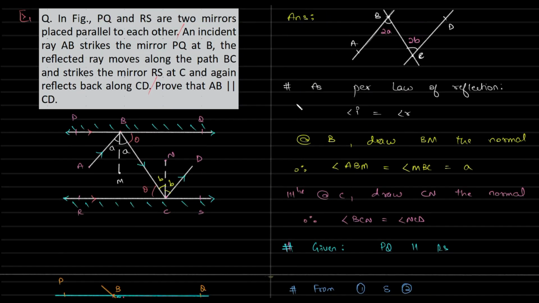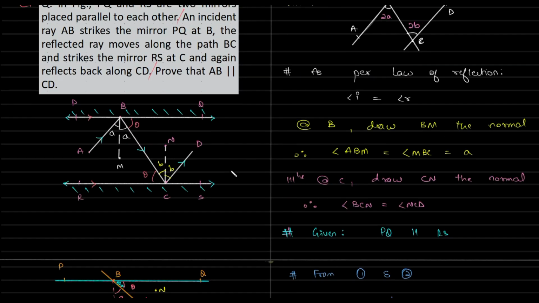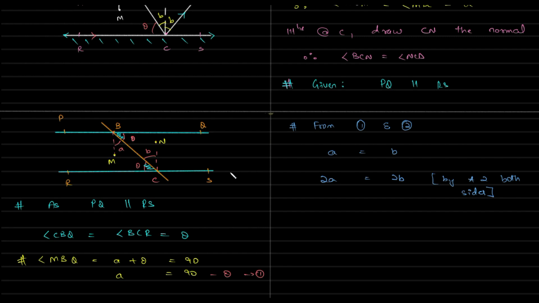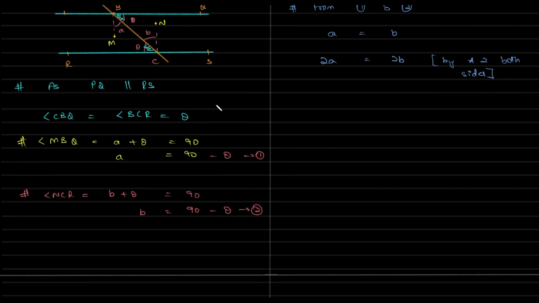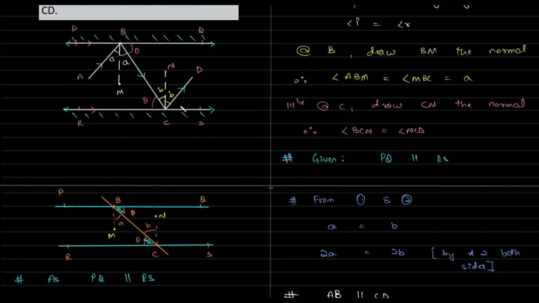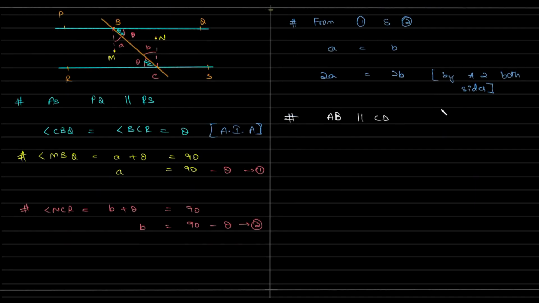Since 2A is equal to 2B, AB is parallel to CD as their alternate interior angles are equal. Oh yeah, this we should write as alternate interior angles. AB is parallel to CD, correct? I hope I'm writing it right, as alternate interior angles are equal.